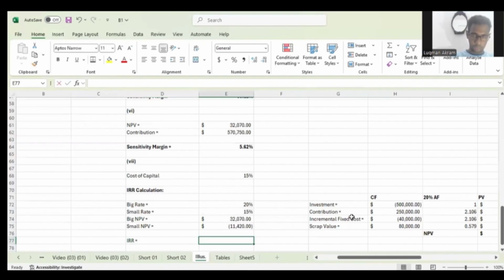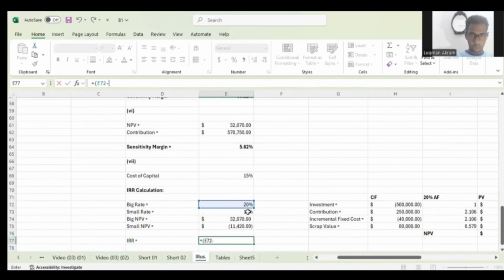So firstly, what we do is, you guys can use the formula tab here. We take the big rate, then deduct the small rate and divide it by the big NPV deducted by the small NPV. When you guys are doing this in paper and pen, what you guys can notice is negative times negative would be positive. So ensure the sign accuracy is there in your end, most importantly.